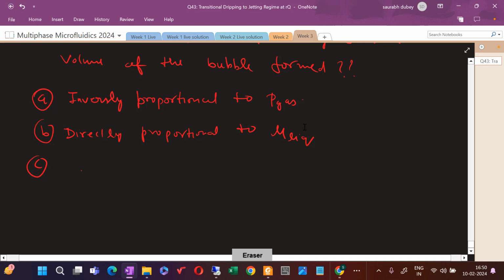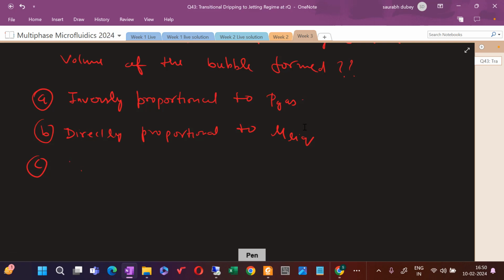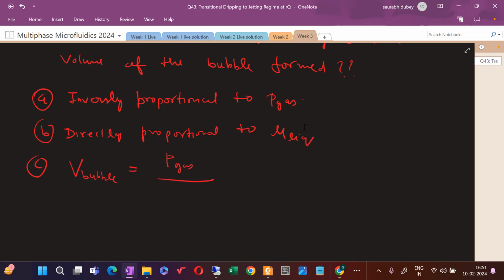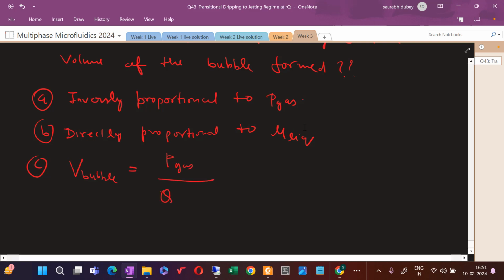Volume of the bubble equals the pressure of the gas divided by the flow rate of the liquid times the viscosity of the liquid, and the D option is non-deducible.